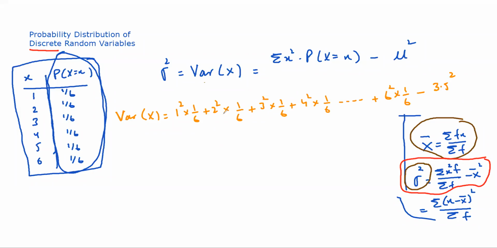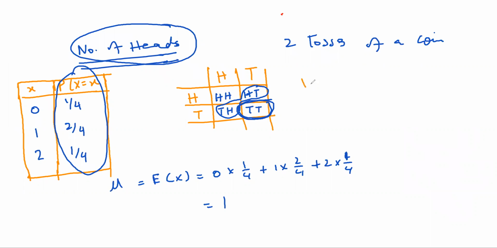Let's find the variance over here. The variance of x would be 0 square times 1 by 4 plus 1 square times 2 by 4 plus 2 square times 1 by 4, minus this 1 square. We have the mu over here. So this is going to be 2 and this is 4, 6 over 4 minus 1.